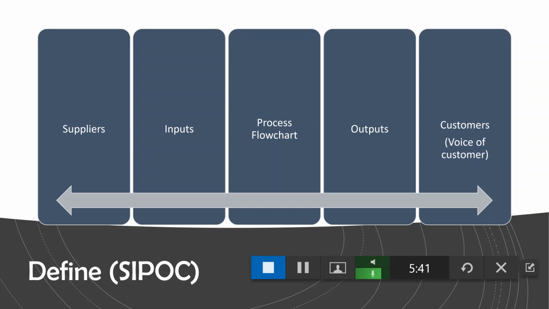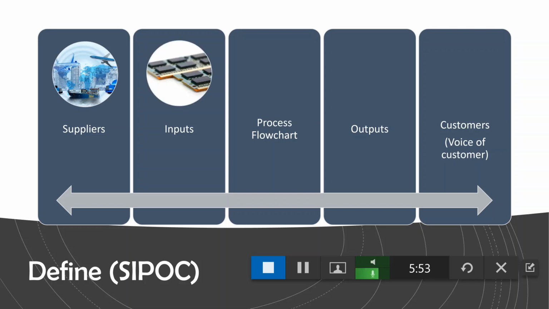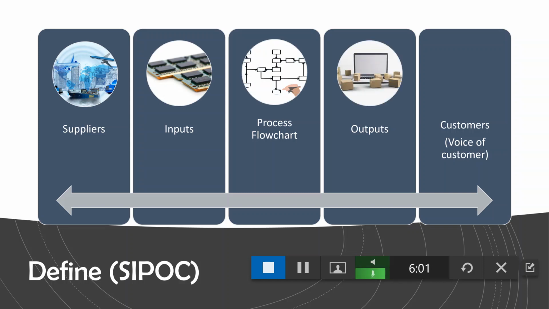The purpose of SIPOC is to define a business process from beginning to end before work begins. List all of the suppliers, the inputs needed for the process to operate, a flowchart of the process, the deliverables, and the customers looking for the product or service from this process.